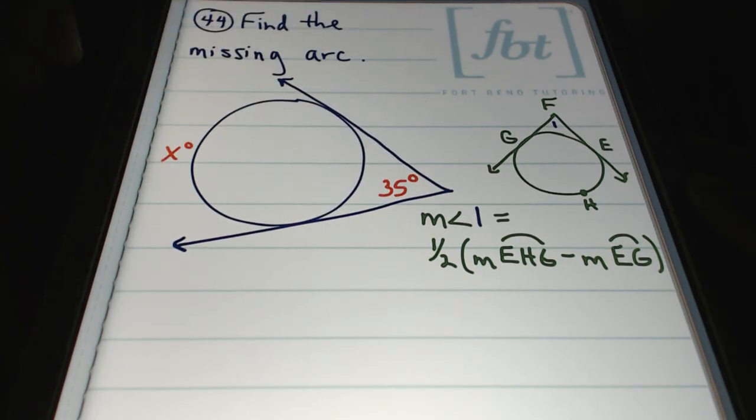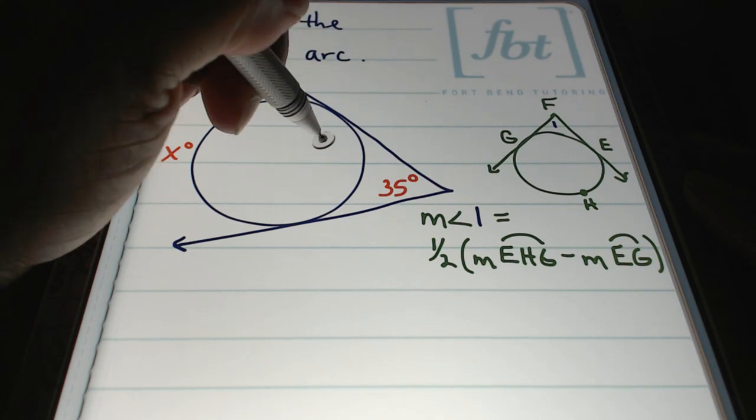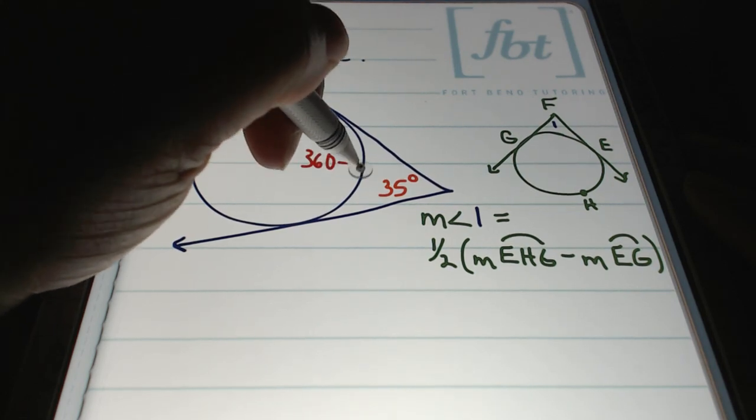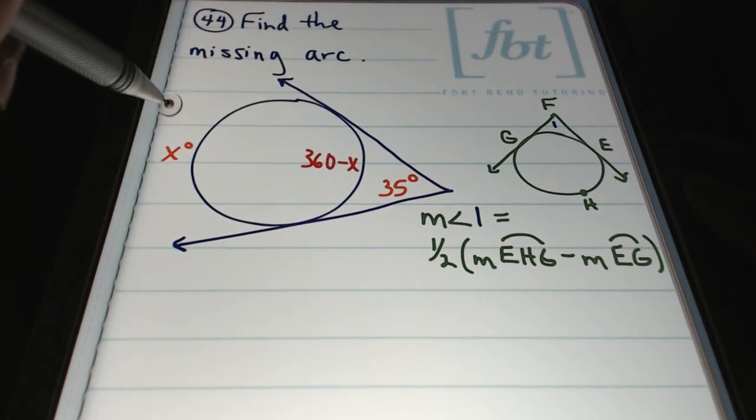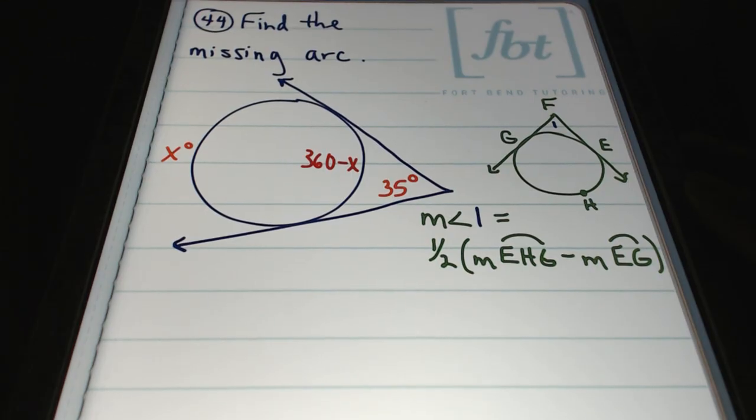So before we even go into this problem, we know that as far as the measurements of arcs are concerned, the entire circle has 360 degrees. The major arc here is claiming x degrees of the 360 degrees that we have in the entire circle. So the minor arc has to be the difference of 360 degrees and our known value of x. That's what we need to know going into this problem.